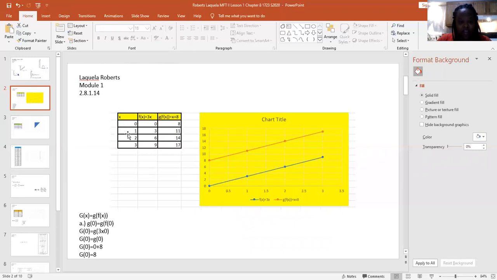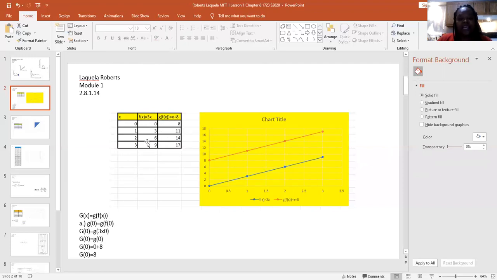Okay, so here's our x. There's our x value right there. And it's showing us here that with our x values we have 0, 1, 2, and 3. And our f of x equals 3x has 0, 3, 6, and 9. And our g of x is x plus 8.